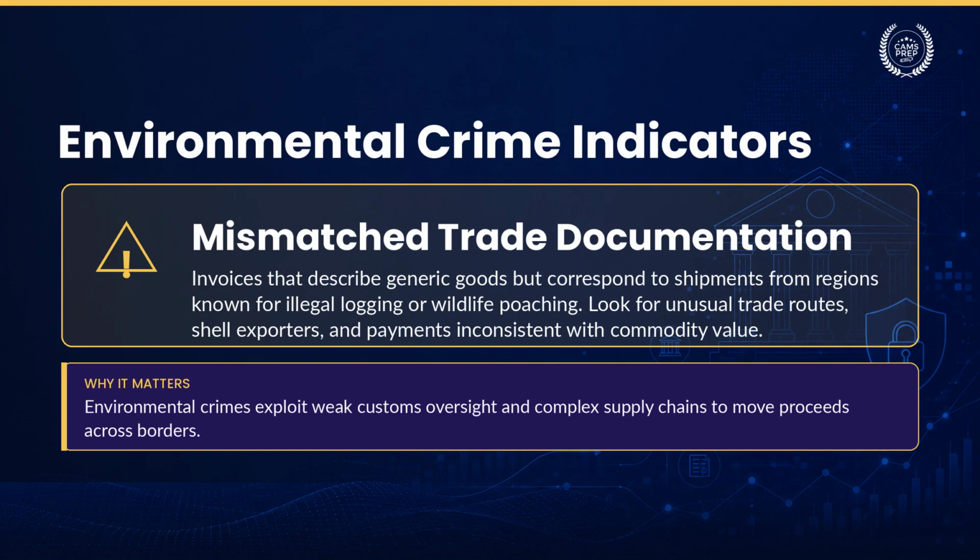Shell companies acting as exporters with minimal operational history, and payments that are inconsistent with the commodity's market value, either far too low, suggesting under-invoicing, or far too high, suggesting over-invoicing to move value. Environmental crimes exploit weak customs oversight and complex supply chains. The more intermediaries and jurisdictions involved, the harder it is to trace the proceeds back to the predicate offense.